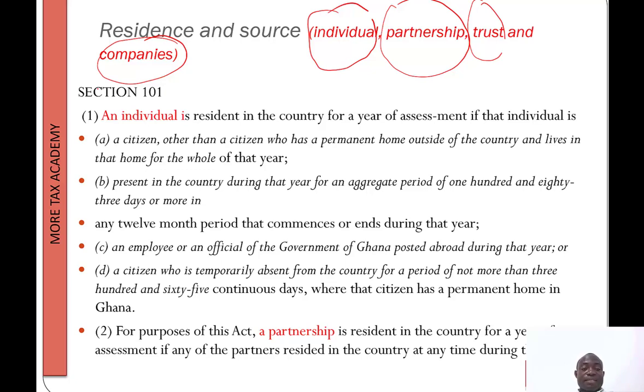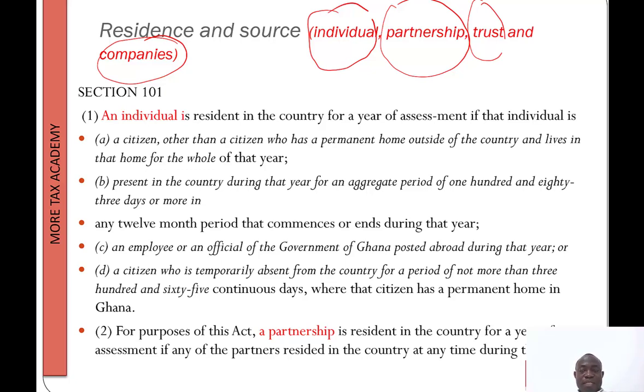Now, 101 subsection 1 says an individual is resident in the country, that is Ghana, for a year of assessment if that individual is a citizen, other than a citizen who has a permanent home outside of the country and lives in that home for the whole of that year. So as long as you are a citizen, you are more or less our child. You belong to us. So why don't you pay tax?